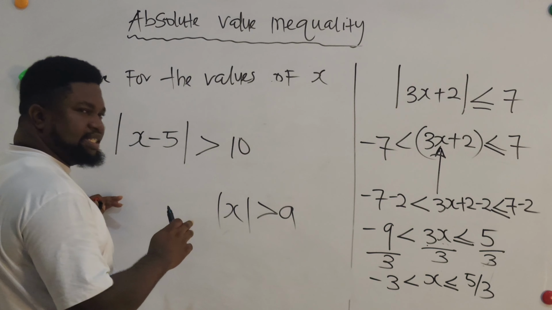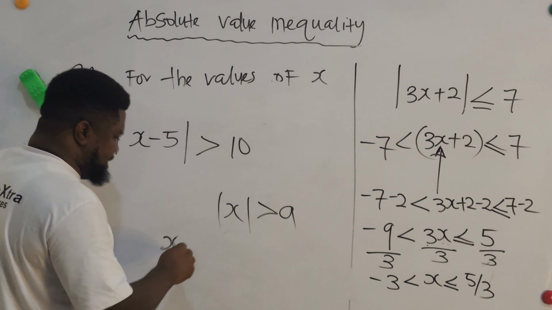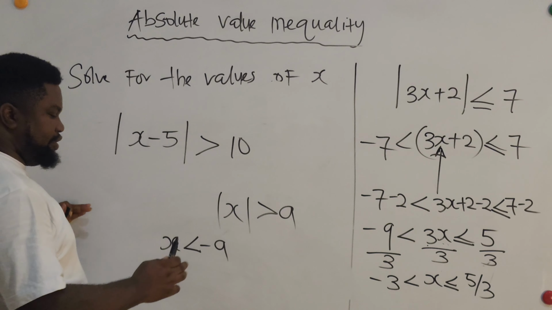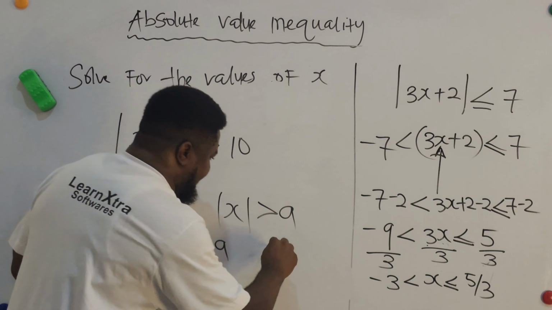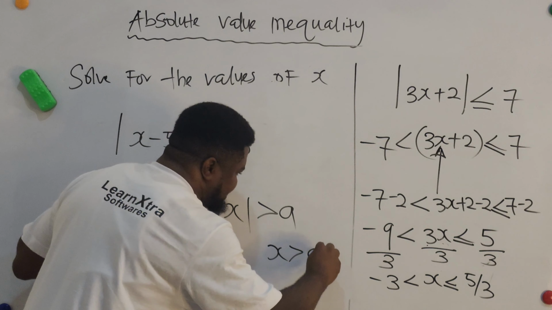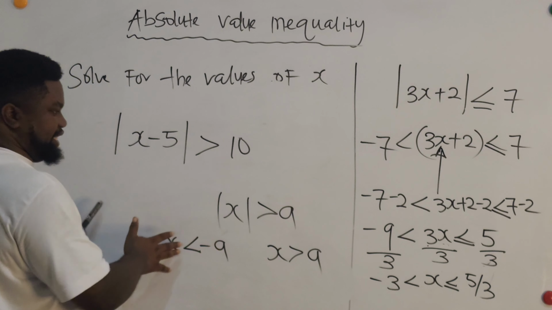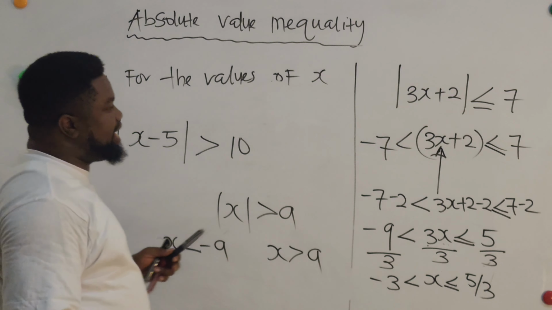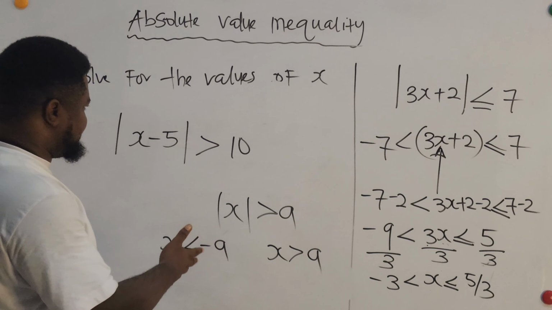In this case, here means x is less than minus a. That is one statement. The other is x is bigger than a, the second statement. You can share this thing like this. Most persons prefer the type for less than. But here it's still okay like this.